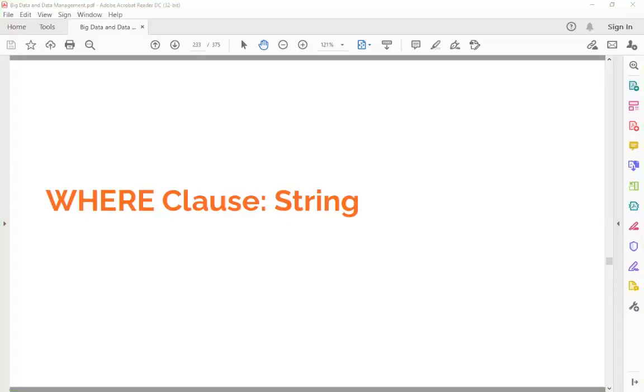As we said, the most important data types are numerical, datetime, and string or text. Now, text has its own special way of comparison and operation, so it's worth discussion here, because if you think about numbers and datetime, it's a series.